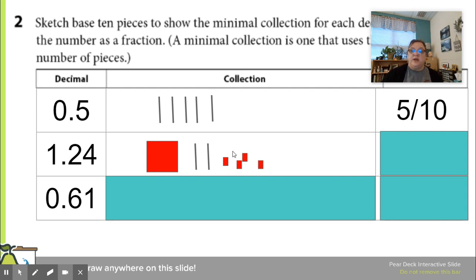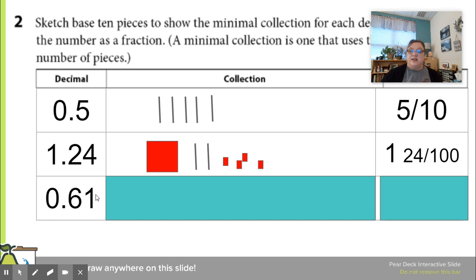So 1 and 24 hundredths. Remember that last name is the place value of your last digit. So now write this as a fraction. Remember, it's going to be a mixed number, 1 and 24 hundredths. So we've got a big 1, and then we have a fraction. It's kind of like saying you have $1 and 24 cents out of 100, because it would take 100 to make another dollar. So we've got 1 and 24 hundredths, 24 over 100.